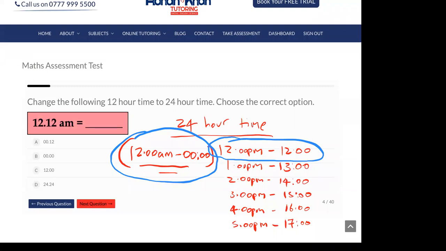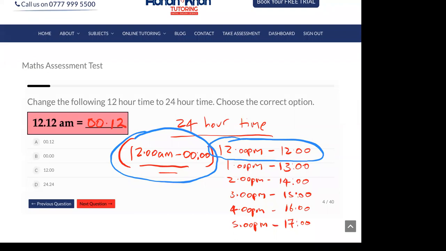Let's move on to question number 4. So now we're moving on to the AM time that I was explaining before. Now converting the AM time to a 24-hour clock, this is how you will write this time: 00:12. That's all.